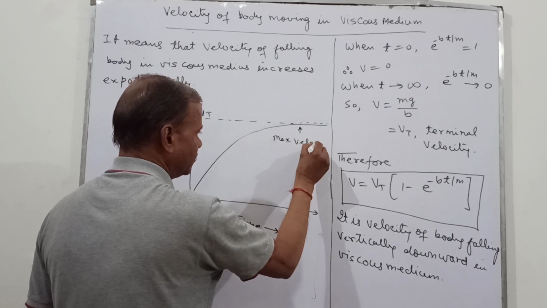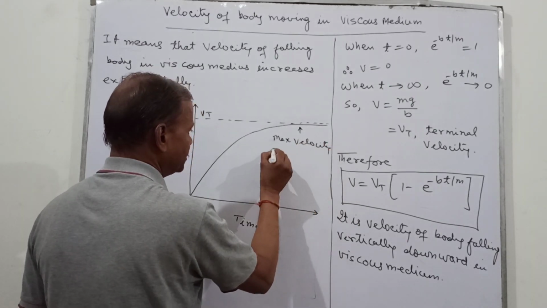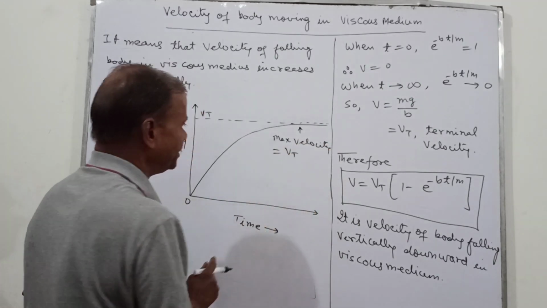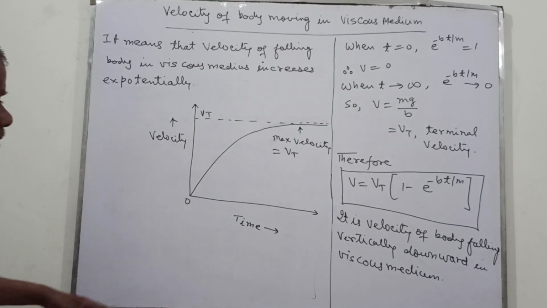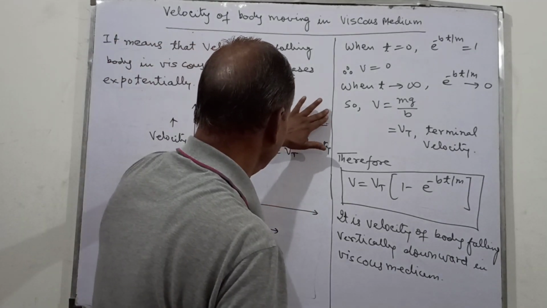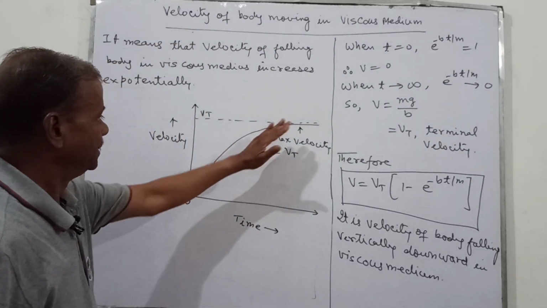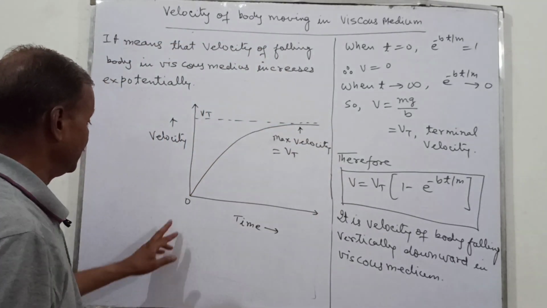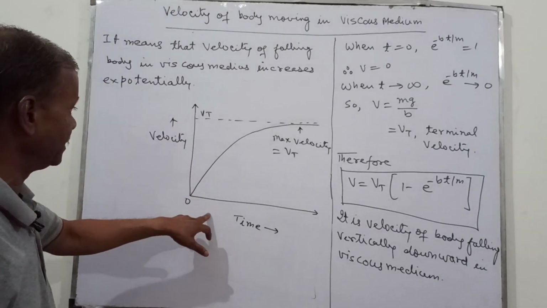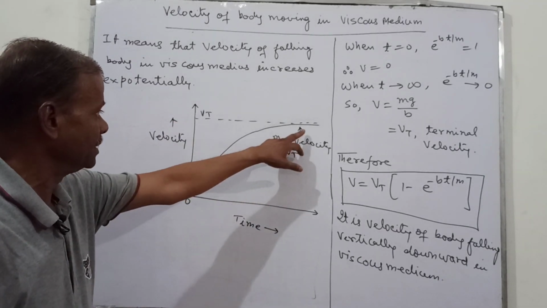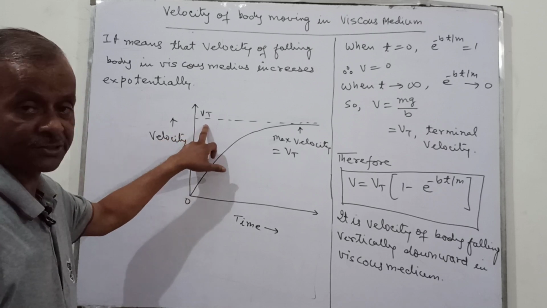Maximum velocity, that is equal to Vt, the terminal velocity. So velocity increases exponentially. At 0 the velocity is equal to 0. When time increases, the velocity increases and becomes constant after some time.